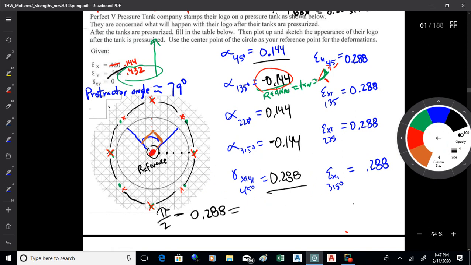What does that come out to be? 73 and a half? Okay. And then what's the radian measure? Yeah, 1.28, something like that.